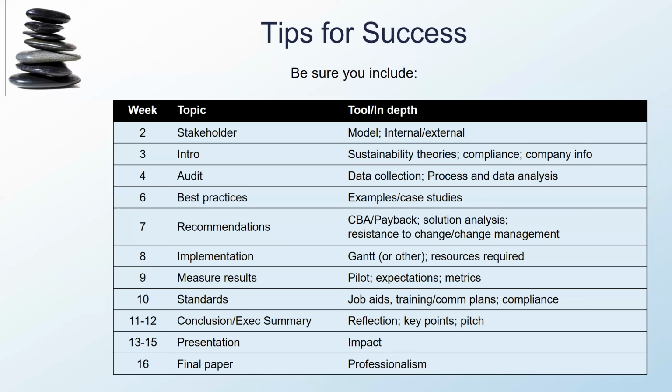It can be as simple as if you're doing a lighting or an energy audit, you can change out one light bulb and measure the difference, multiply it by the number of bulbs and by the number of hours and by the number of days in the year to figure out how much savings there would be if they changed out everything. The same thing if you're doing a waste audit.